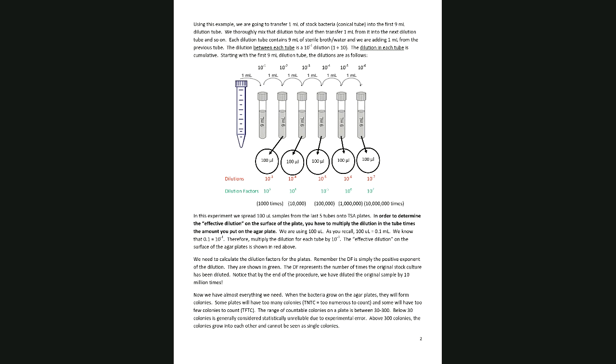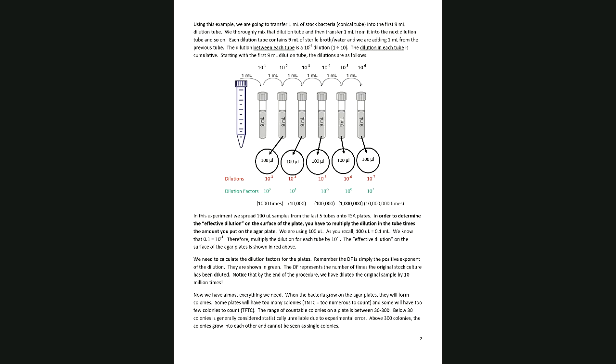So negative 1 and negative 1 makes negative 2. Mix this tube thoroughly and then transfer 1 milliliter from this tube into the next one. So that's another 10 to the negative 1 dilution, but this tube was already 10 to the negative 2. So negative 1 and negative 2 makes negative 3. And then you repeat that, and you end up with a final dilution of 10 to the negative 6.